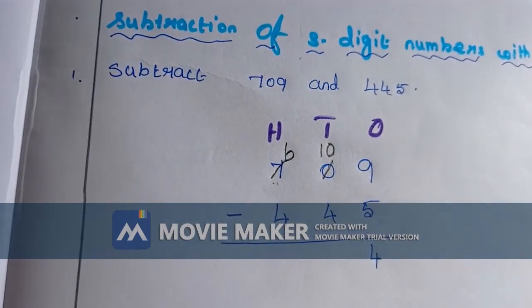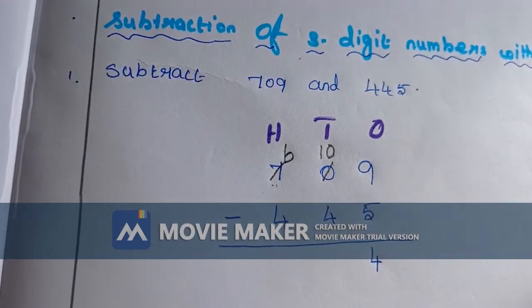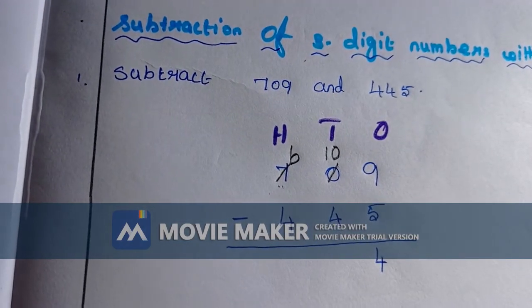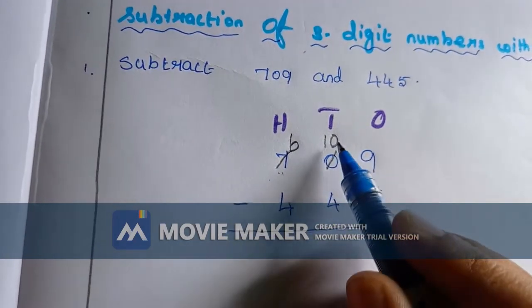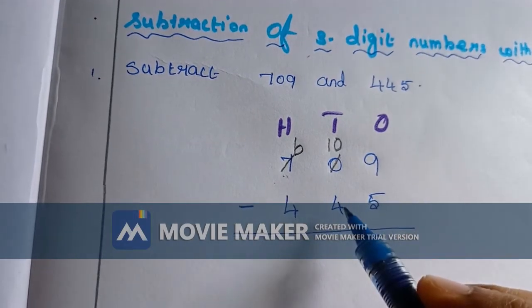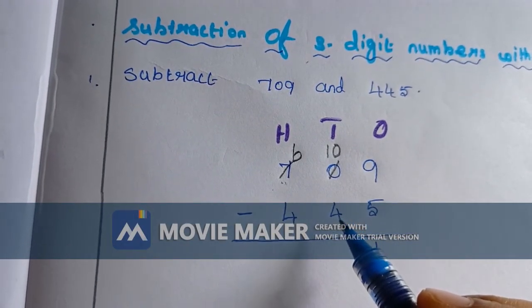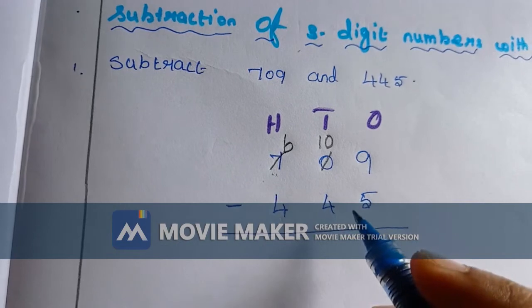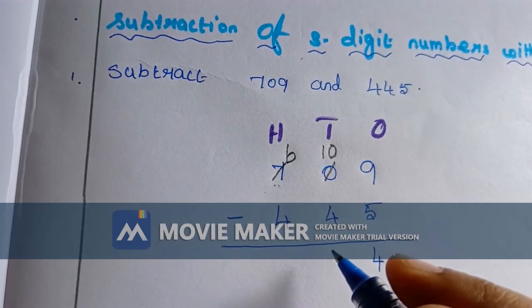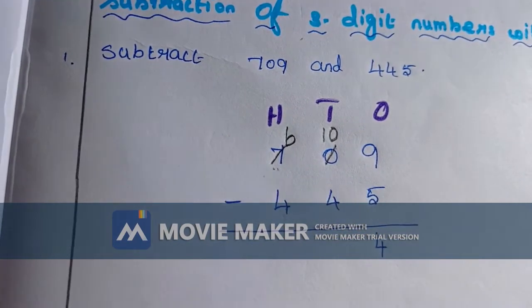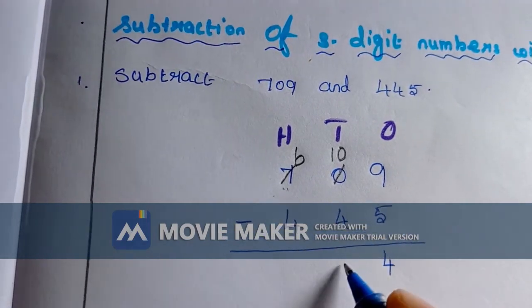Now we have to subtract the numbers in the tens place and hundreds place. In the tens place the values are now 10 and 4. So please open 10 fingers and close 4 fingers. Yes, the answer is 6.